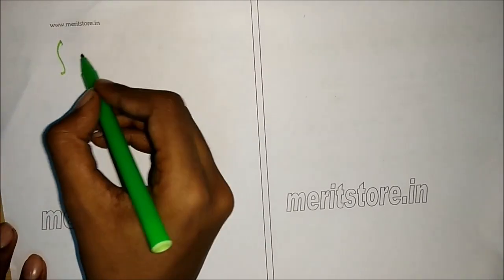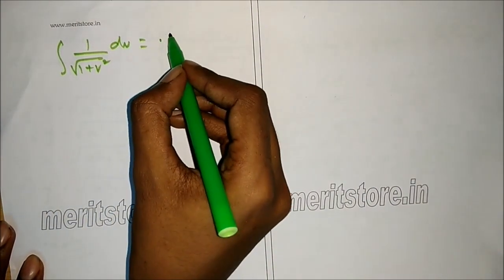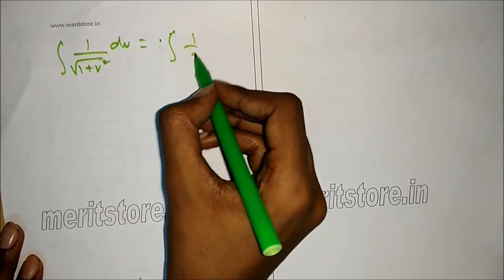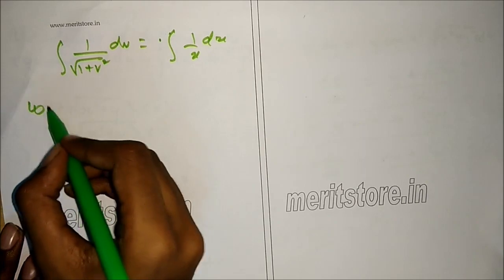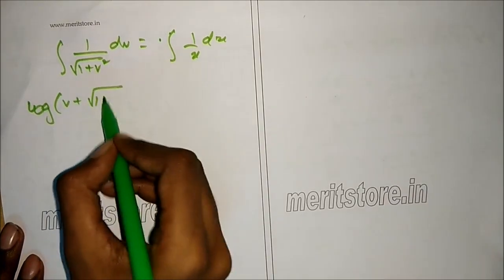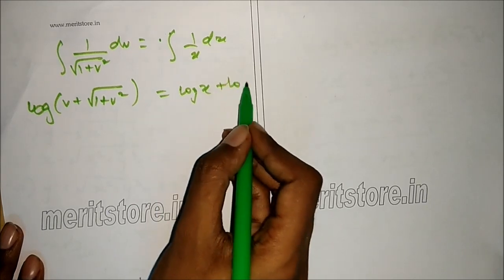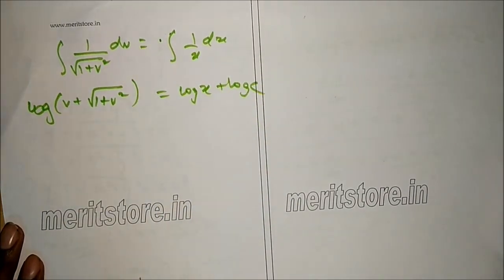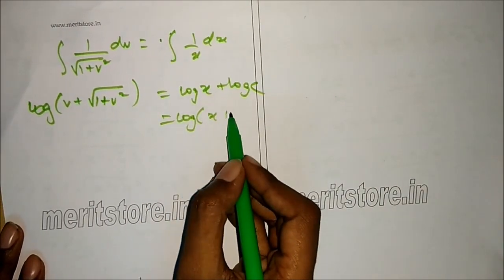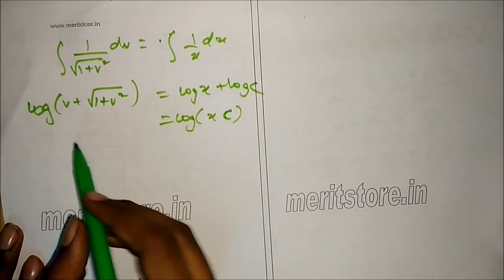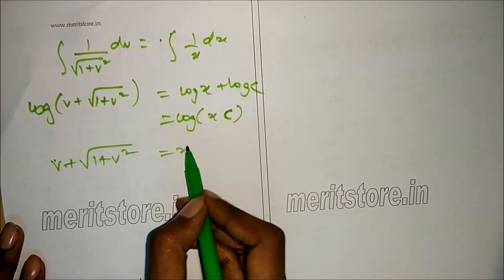So continuing this, 1 by root of 1 plus v square dv is equal to integration of 1 by x dx. We integrated both sides. So integration of this is log of v plus root of 1 plus v square, and this is log of x plus log c, which is integration constant. Which is equal to log of x into c by law of logarithm. So we can say v plus root of 1 plus v square is equal to x into c.